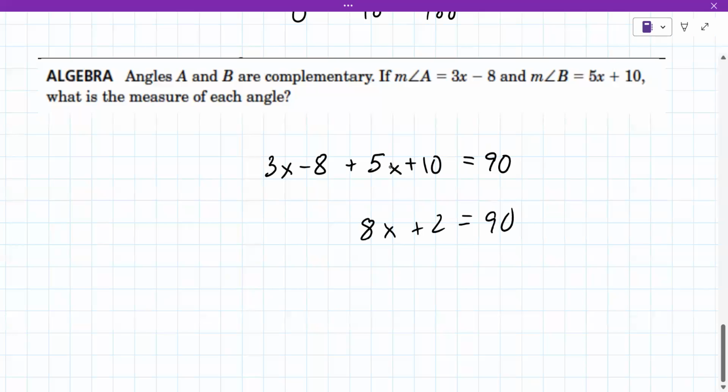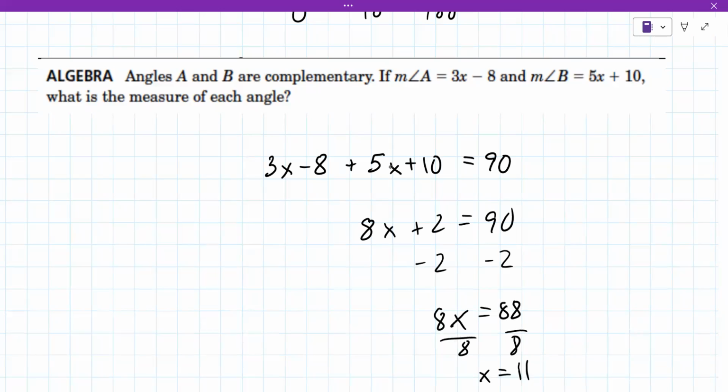Pretty confident. So when you combine like terms, you get 8x plus 2, subtract 2, 8x equals 88. Divide by 8, so x equals 11.